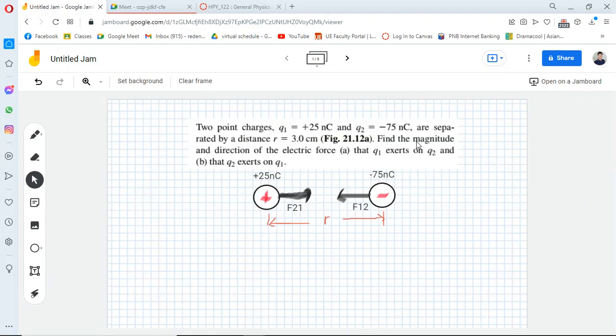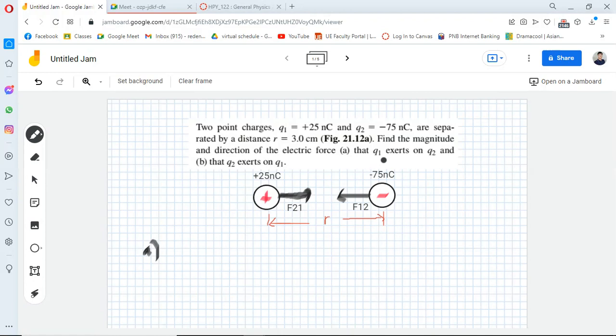Okay? So let us try now to find the magnitude and direction of the electric force. The first one na tinatanong is the force that Q1 exerts on Q2. Okay, so ano yon? Anong part yun? The F12, tama?